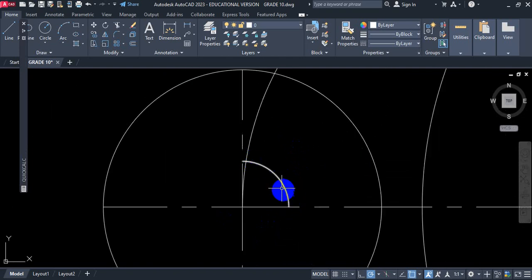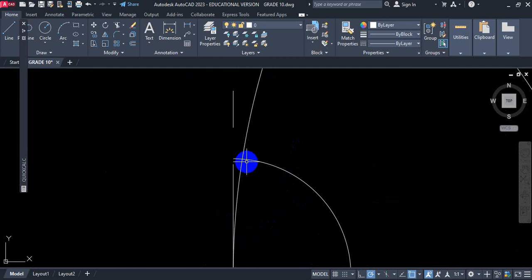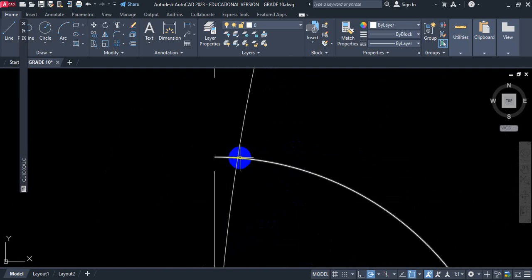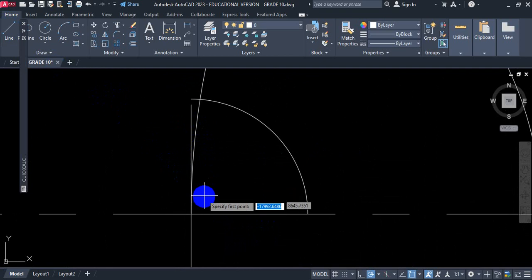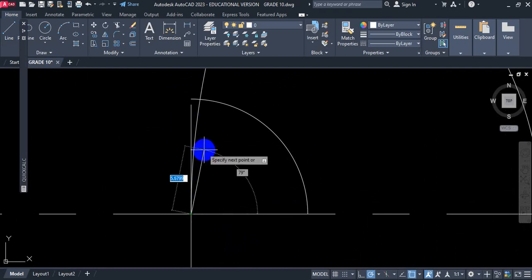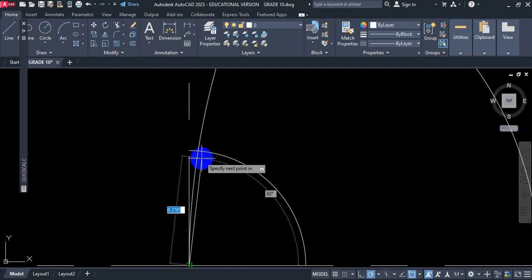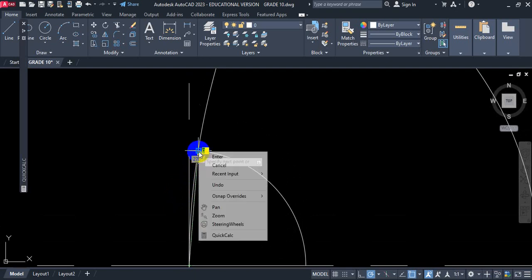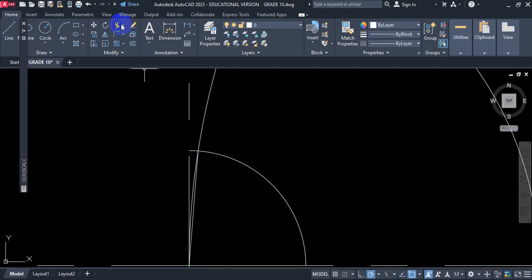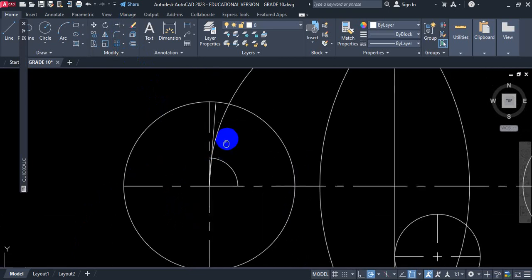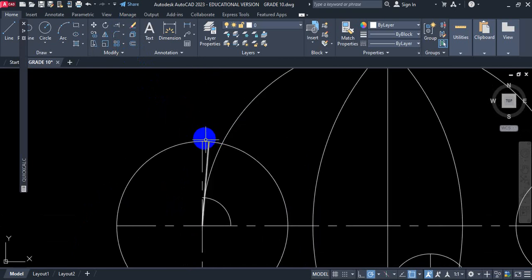So this radius 10 must touch that semicircle, and that's where the contact is. We will then place our ruler at the center. Make sure that it touches that intersection so that it is extended to the circumference of this circle.